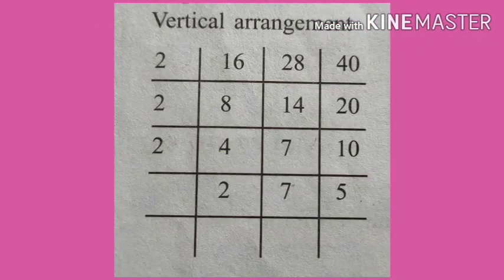In the example, 16, 28 and 40 are divisible by 2. Therefore, we have divided by 2 and quotients we get 8, 14 and 20. Again these three numbers are divisible by 2, so we have divided and get 4, 7, 10.